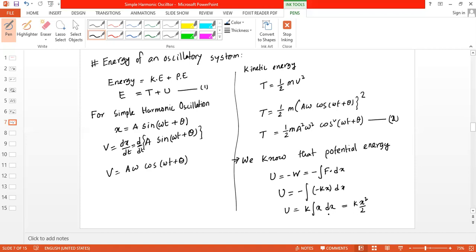This is the expression for the potential energy: U equals kx squared by 2, and I know x equals a sin of omega t plus theta.